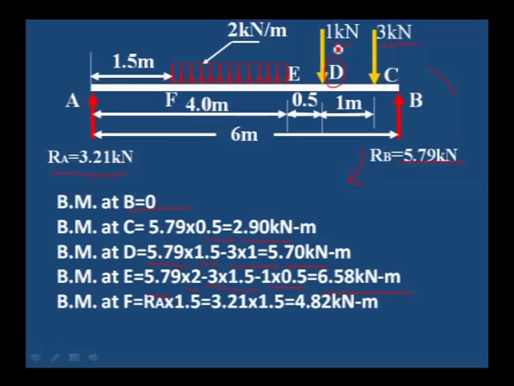We would have to take the moment of all of them towards F, or we can take the moment from RA into distance, which is 3.21 into 1.5, equal to 4.82 kilonewton meter. That is the bending moment at F. Bending moment at A is equal to 0.